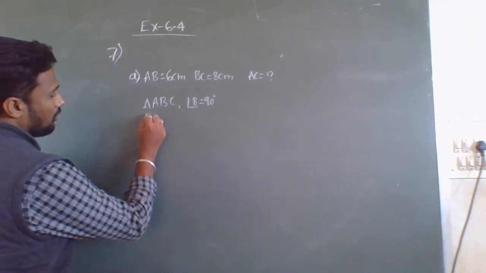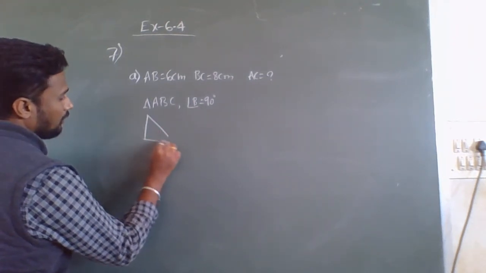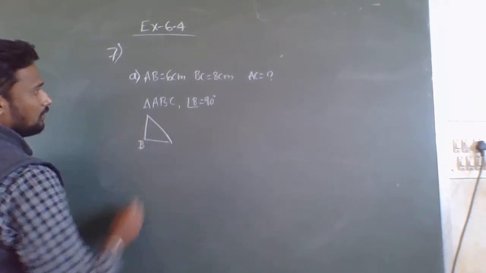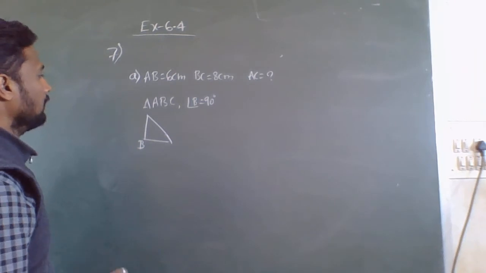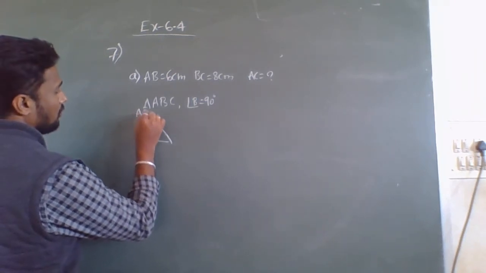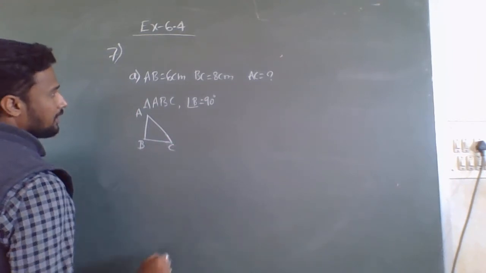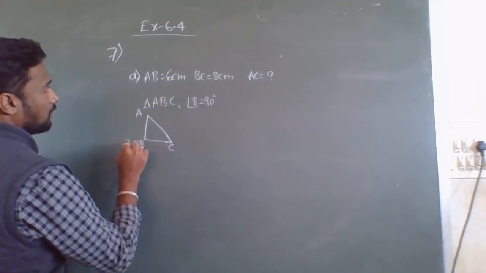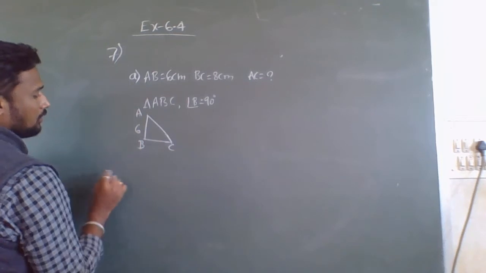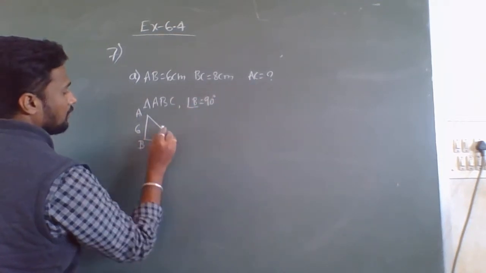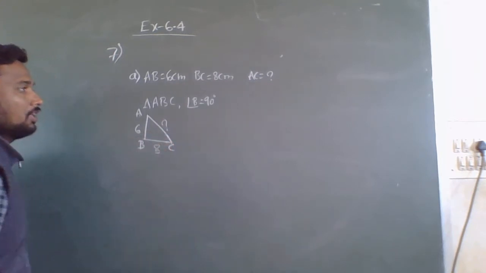So here I will consider a right angle triangle where angle B is 90 degree, and the other two points as A and C. Length of AB is 6 centimeter and length of BC is 8 centimeter. Now we have to find this AC, means the length of the hypotenuse.